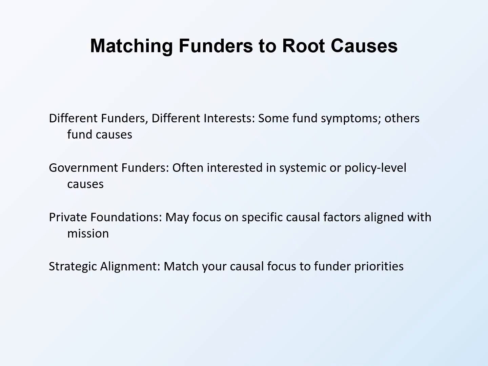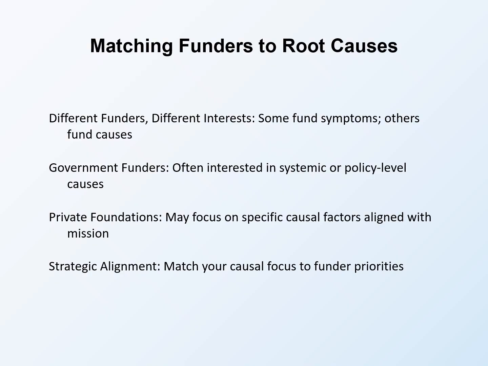Government funders are often interested in systemic or policy-level causes, particularly when funding comes from agencies with broad public mandates. Federal initiatives frequently target structural factors. Private foundations may focus on specific causal factors aligned with their mission. A foundation interested in early childhood development may fund interventions addressing that particular causal factor in multiple problem areas.